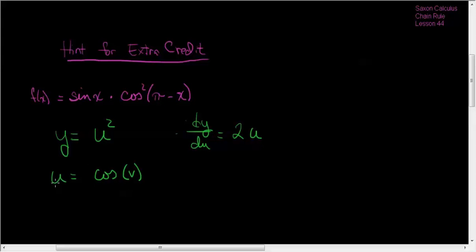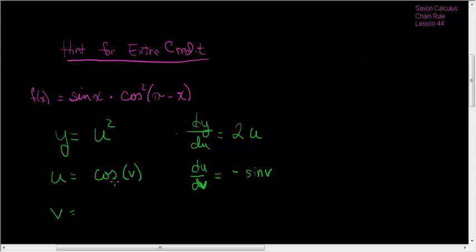So du dv, derivative of the cosine is negative sine v, right? Negative sine v. But what's v?